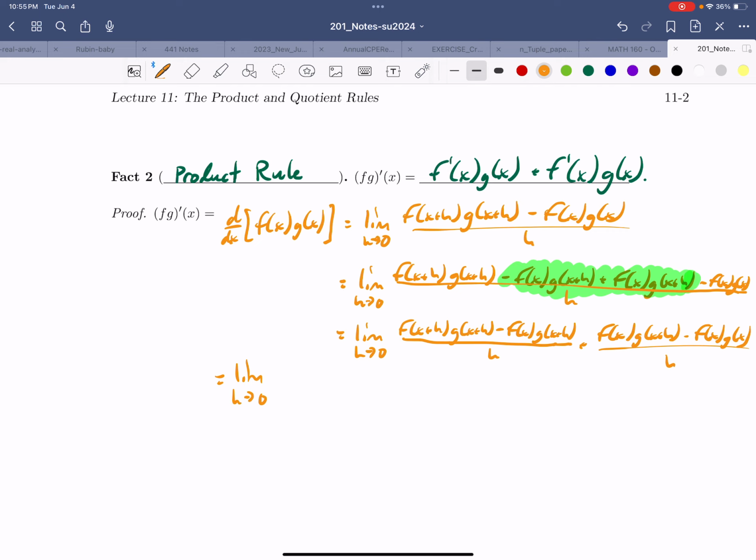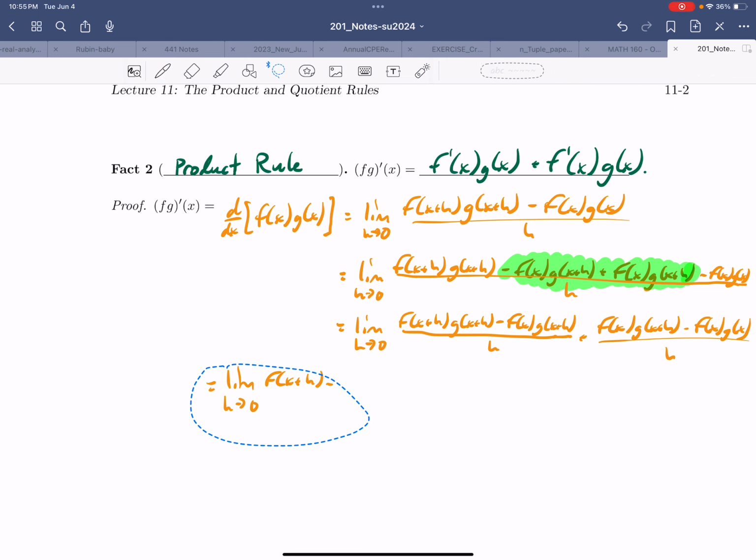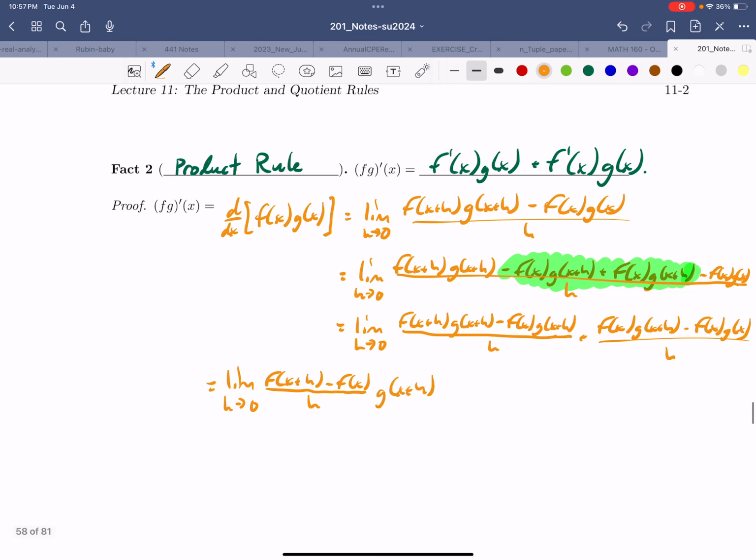We're going to get f of x plus h minus f of x, divided by h, and then this is all being multiplied by g of x plus h, if I can factor out a g of x plus h. And then using limit laws, I'm allowed to make this a limit, provided it exists, which we'll see in a sec that it does.